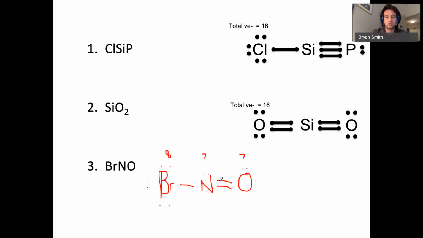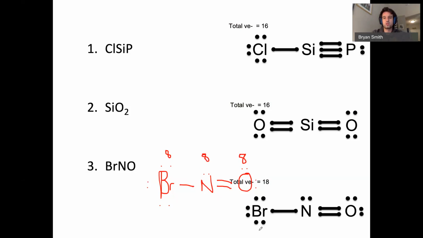That's going to give nitrogen an extra electron and oxygen an extra electron. So they both are going to become 8 here. And then we have 2, 4, 6, 8, 2, 4, 6, and 8. So there's the 3 structures right there, kind of what the final answer should look like.